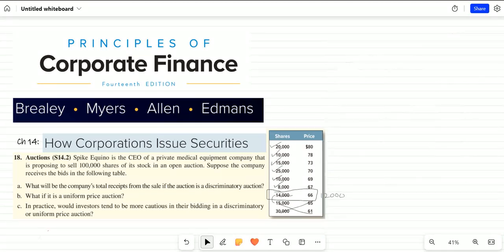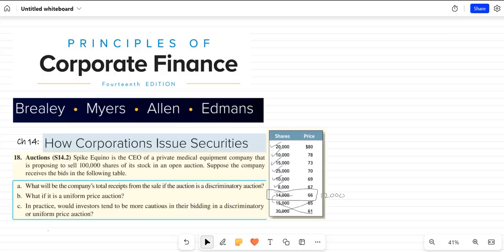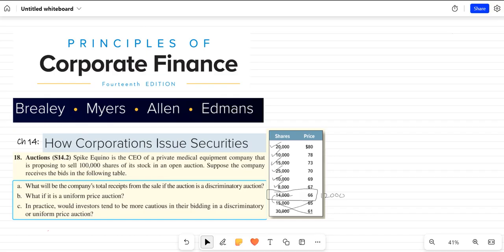In practice, would investors tend to be more cautious in their bidding in a discriminatory or uniform price auction? Generally, in discriminatory auctions, investors tend to bid more conservatively. They are more cautious because there is a risk of winner's curse, and they can easily overpay if they bid higher.